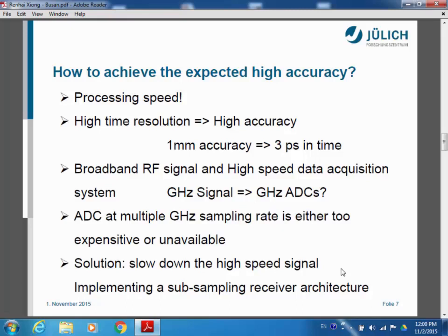That means, according to classic sampling theory, we need a multiple-gigasample ADC. That would be either quite expensive or unavailable yet. So we have to find an alternative way to deal with this issue. A possible solution is to slow down the high-speed signal.